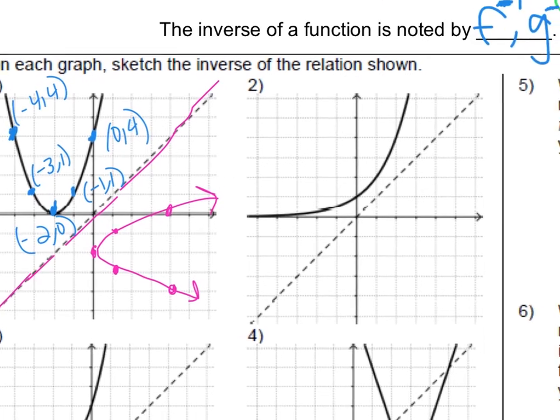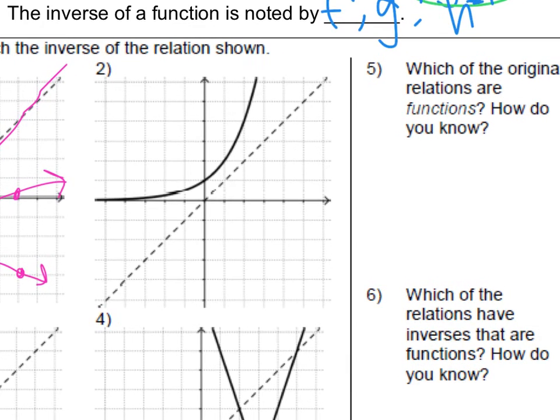Okay, now let's do the next one. So pick a couple of exact points on the original. This first point would be at negative 5, 0. Then we have one at 0, 1. And 2, 4. Now to find the inverse, we're going to switch these coordinates.